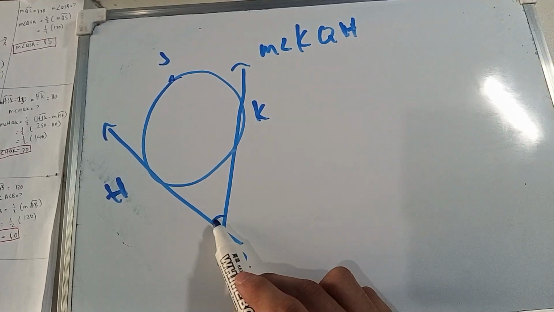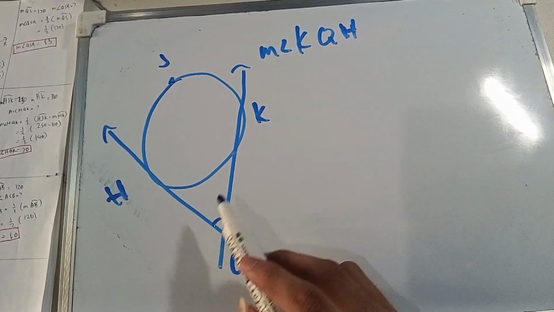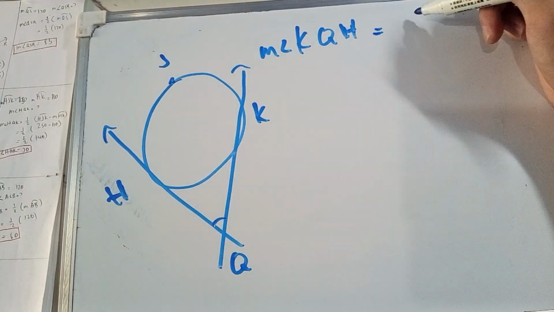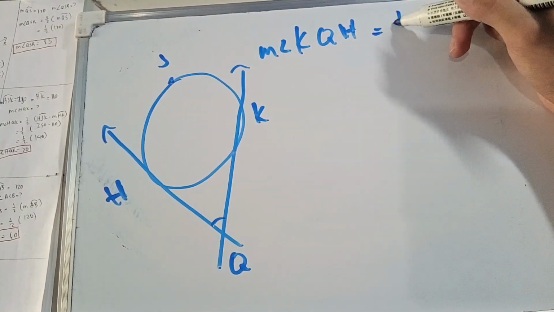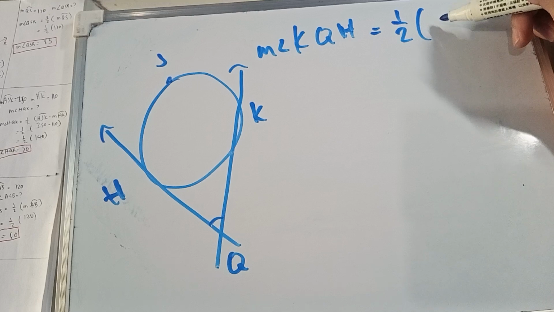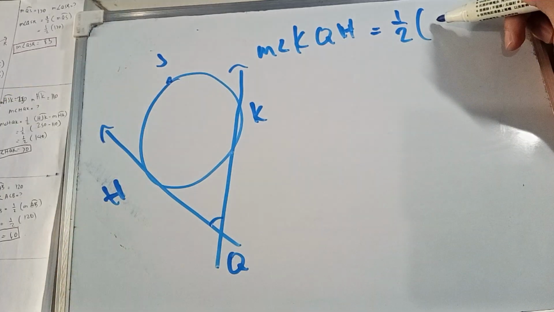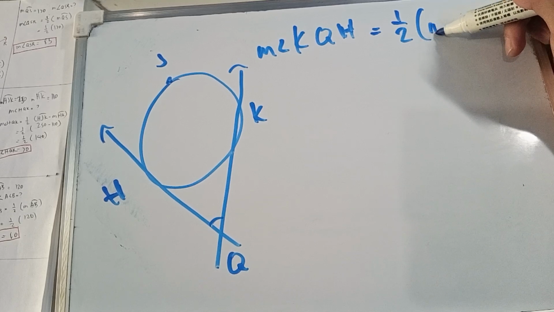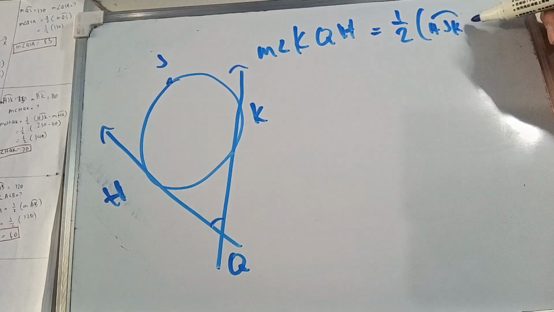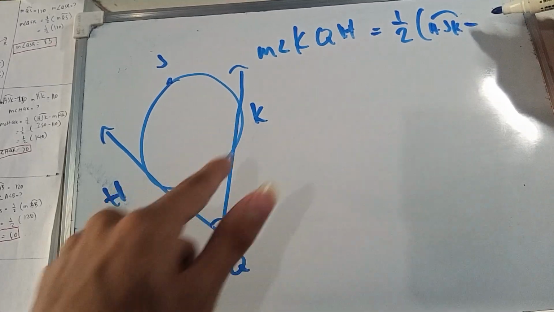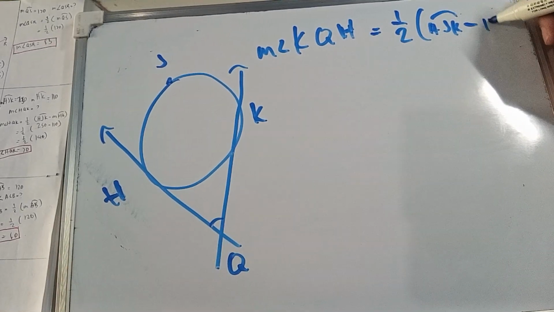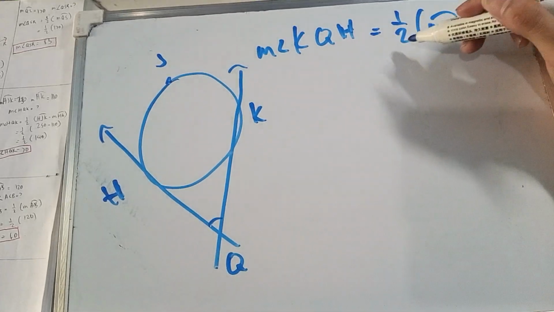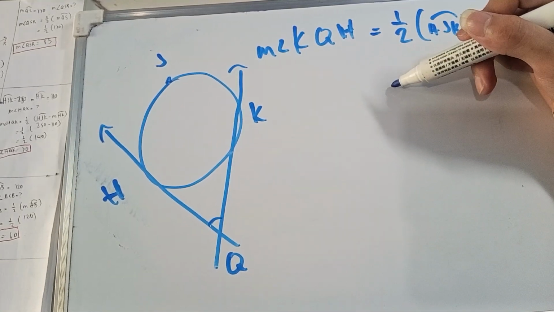Since the angle is outside the circle, we will just find the difference of the larger arc, which in this case is arc HJK, minus the value of the smaller arc, which is arc HK, and multiply it by a half.